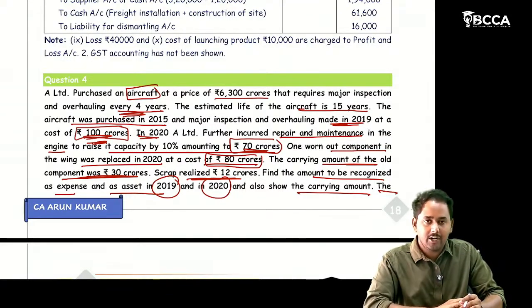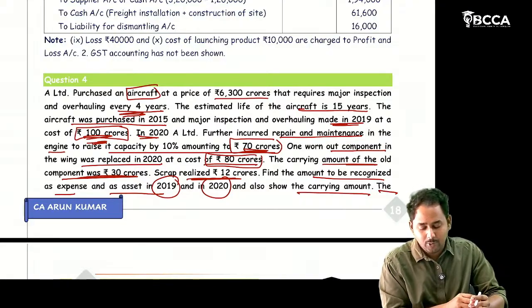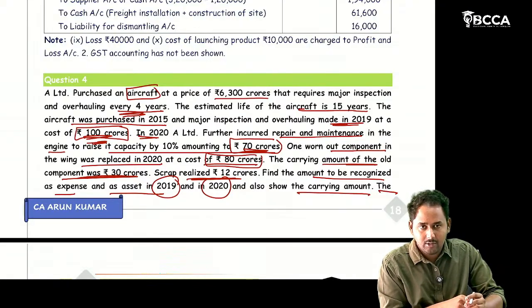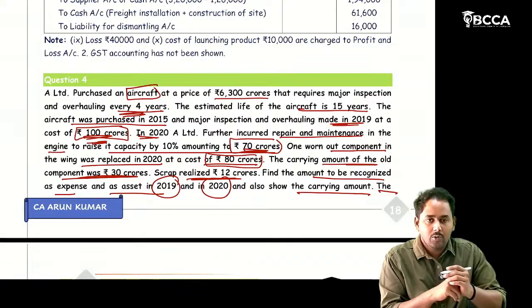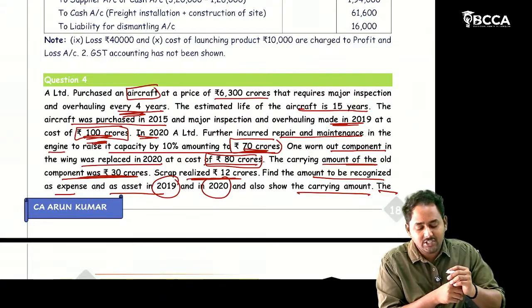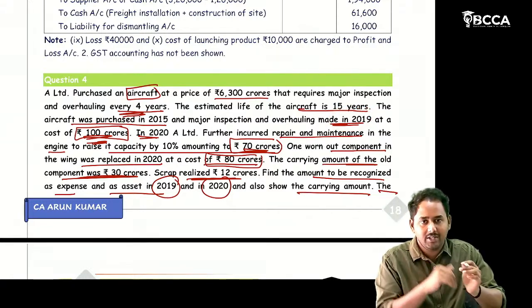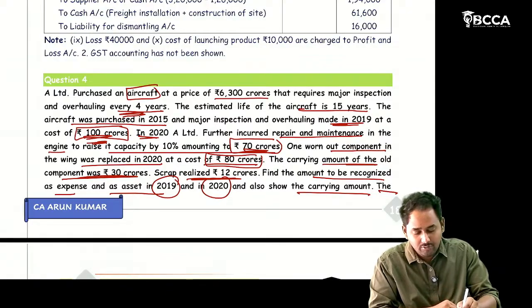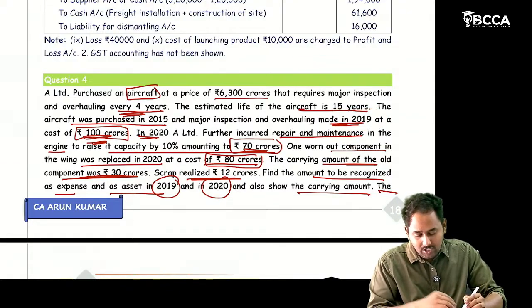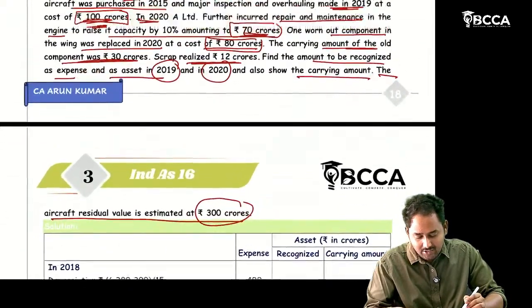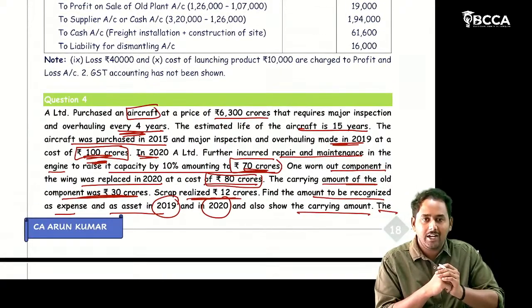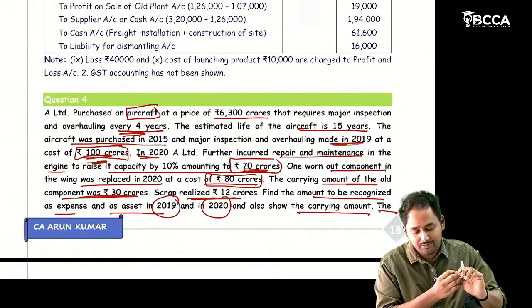Then I need to find out the carrying amount of the aircraft in 2019. 2019 means 1/1/2019 or 31/3/2019, that is, at the beginning of the year or at the end of the year. So at the beginning of the year, 1/1/2019. Here I need to check whether they're following the calendar year or financial year.